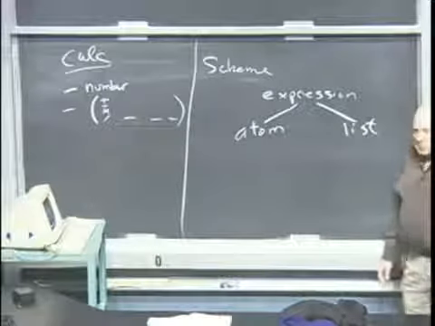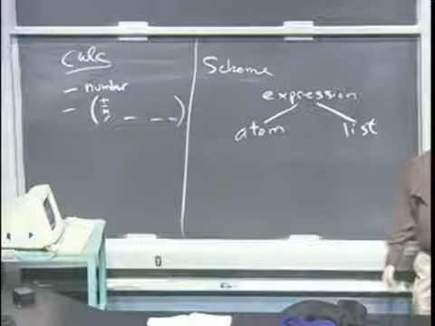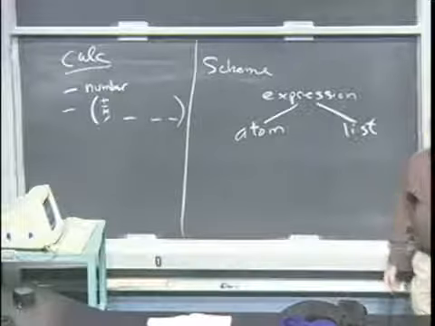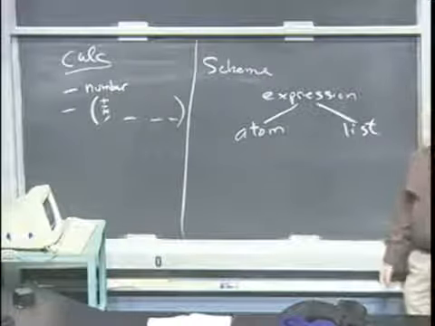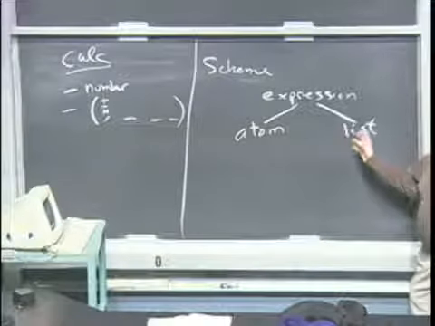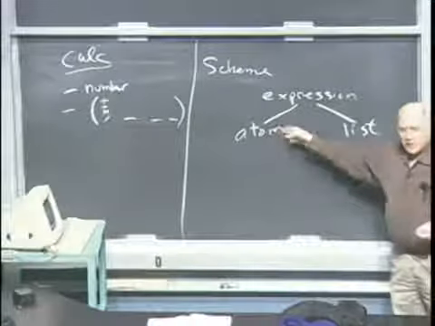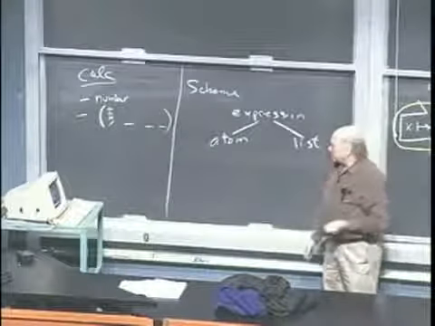Now that's sort of a tautology because the definition of atom is something that isn't a list, or more precisely, something that isn't a pair. So something in Scheme that's built up out of pairs but isn't a list is not an expression. There's no category for improper lists, or dotted pairs, as people say.